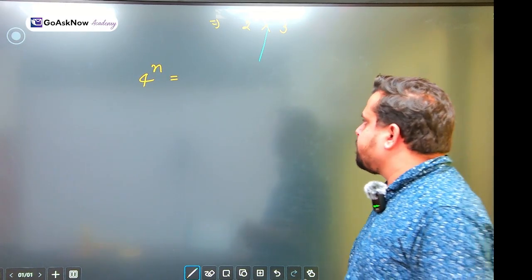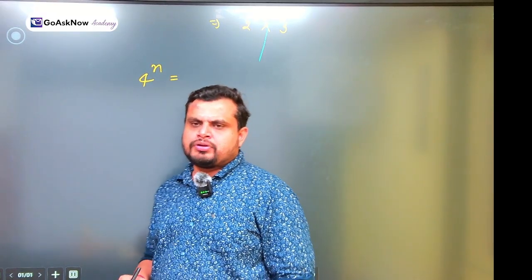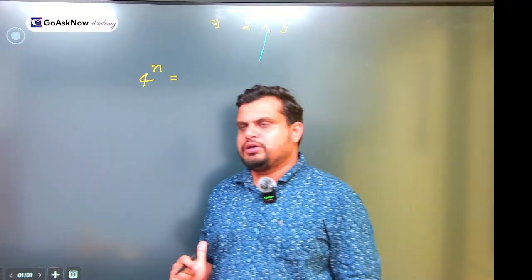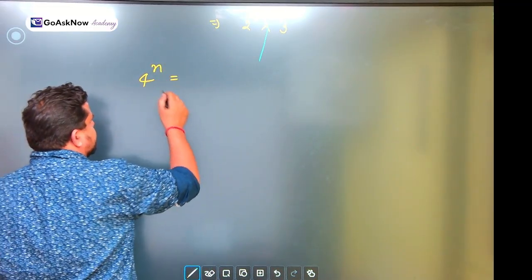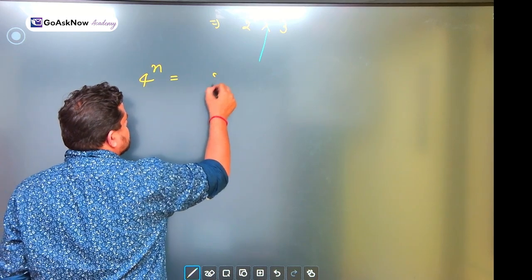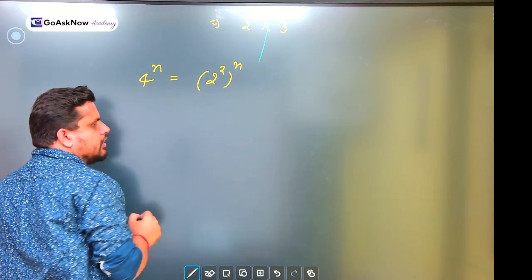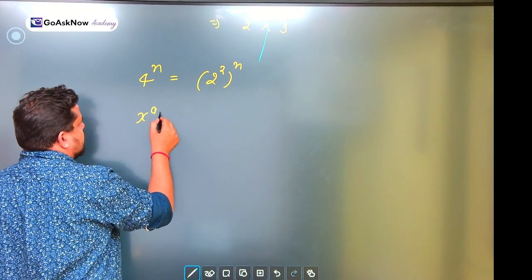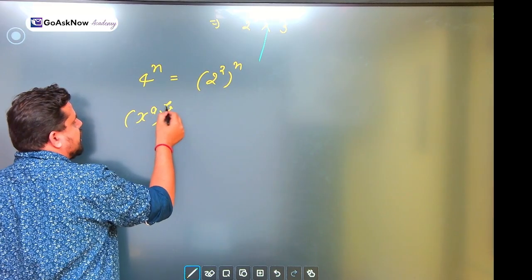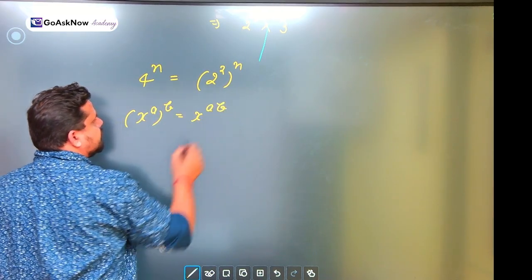First of all, we will try to prime factorize it. We can write 4 as 2 square, with n power on it. If you have studied powers well in earlier classes, then when powers are like this, the powers get multiplied.